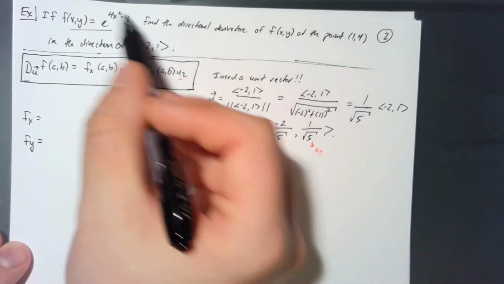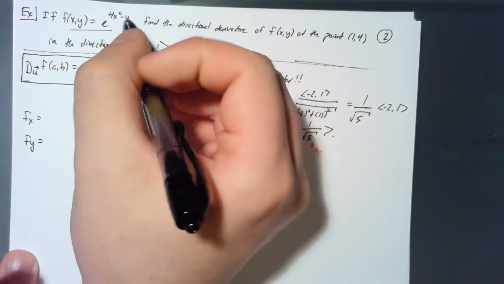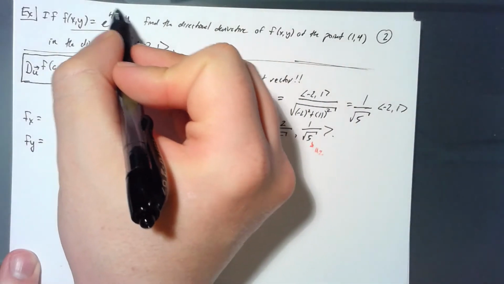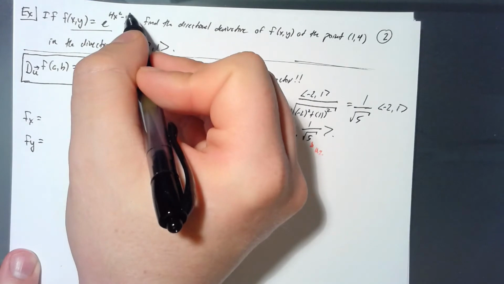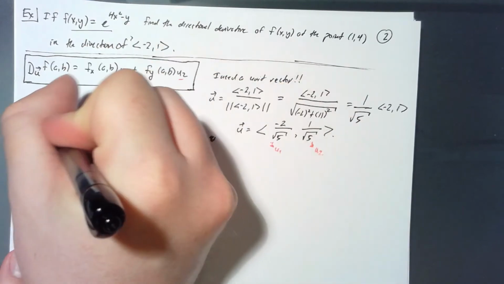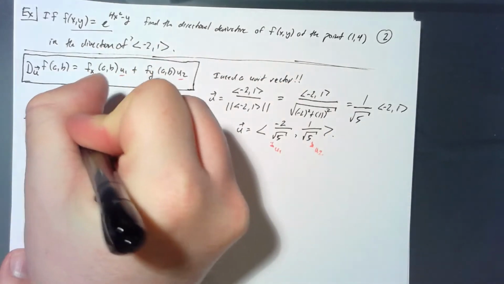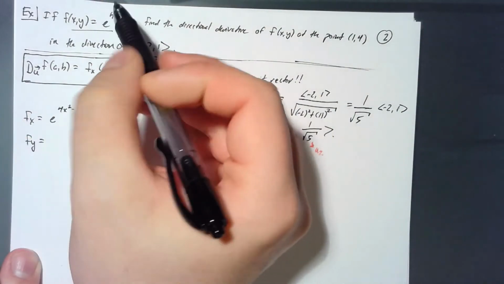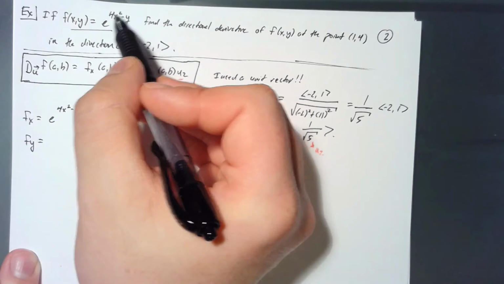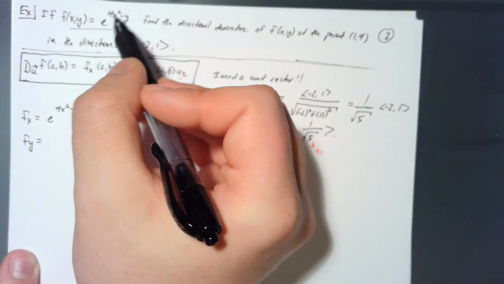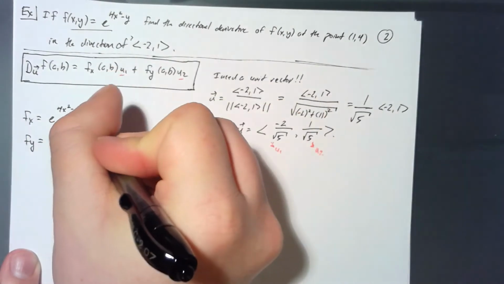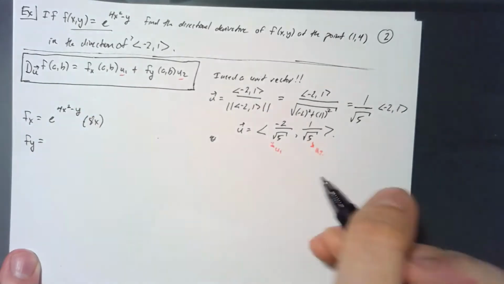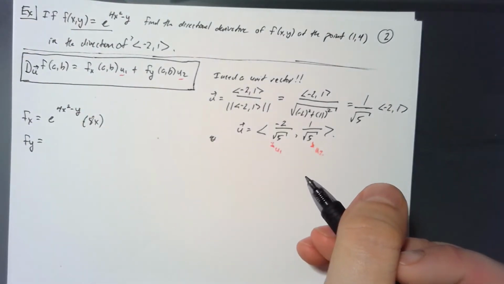We use the chain rule here. You take the derivative of the whole thing, so that's e to the stuff times the derivative of the stuff. With respect to x, it'll be 8x minus a number, so that'll be 0. So that'll be 8x. That right there is the partial derivative with respect to x.